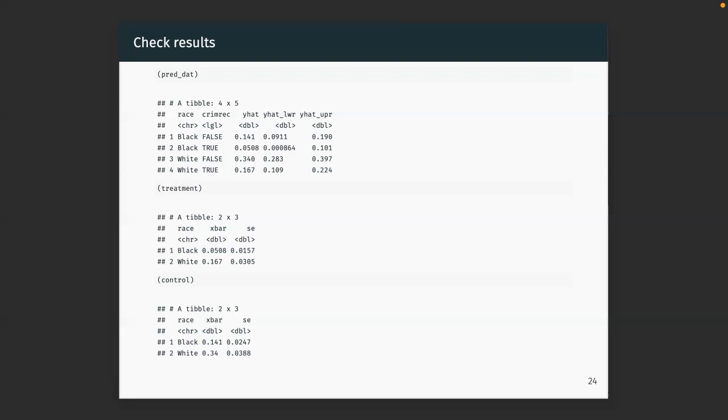Just to remind us what we saw there. When we computed the means and the standard errors manually, Black 0.058, standard error 0.0157, which would generate a confidence interval about like this. So we can see that these predictions and our means line up exactly.